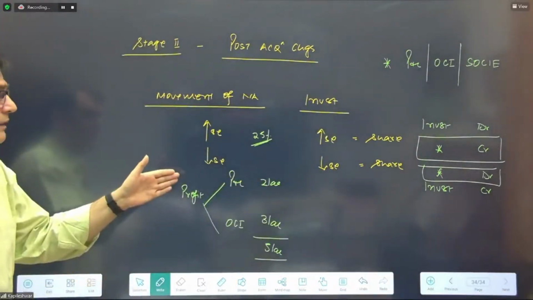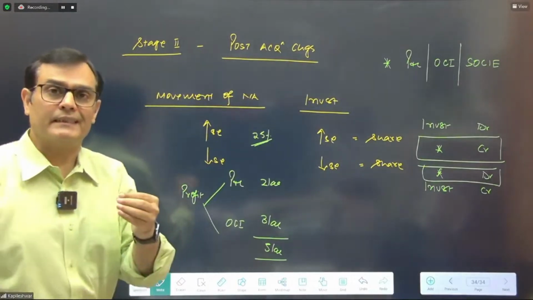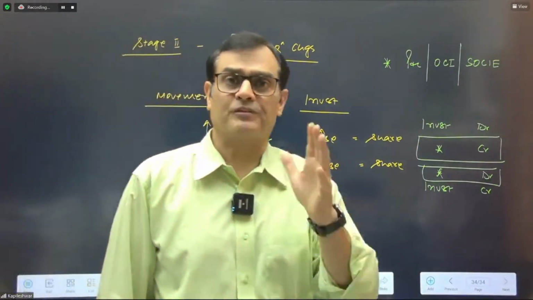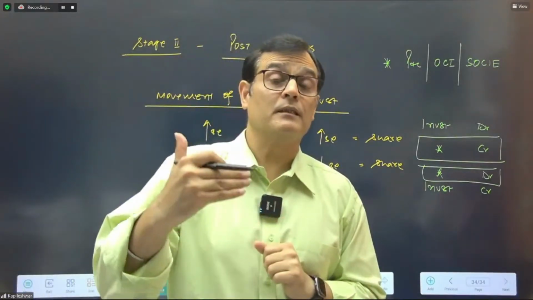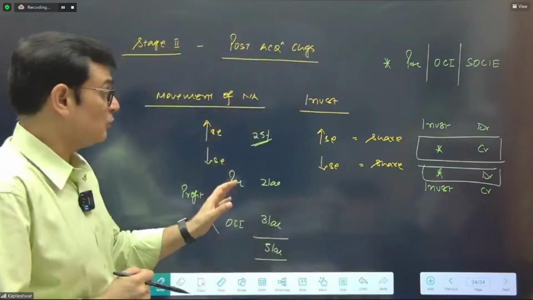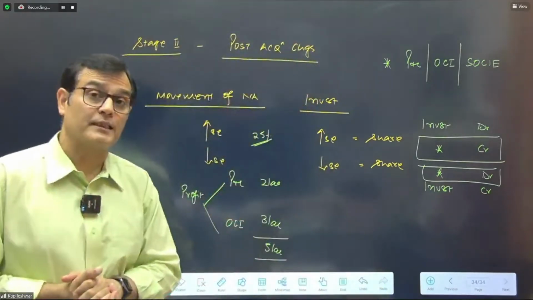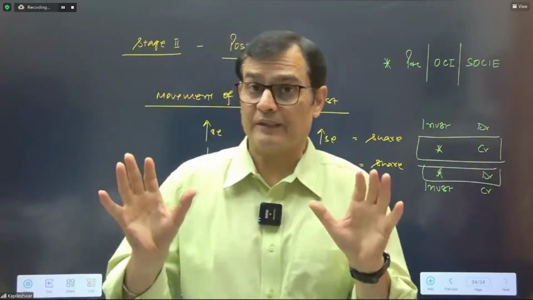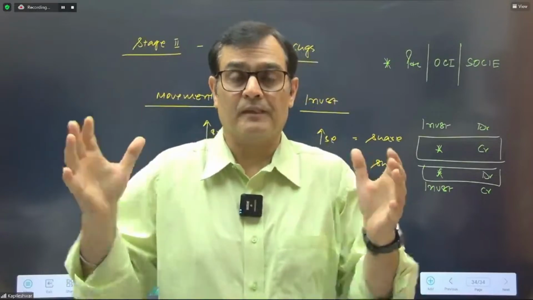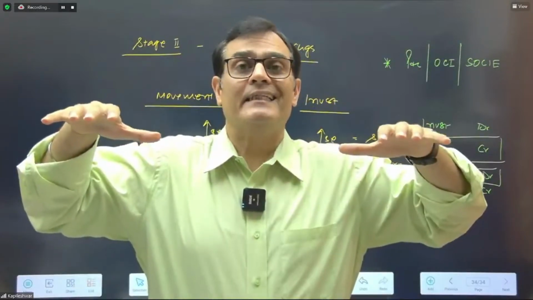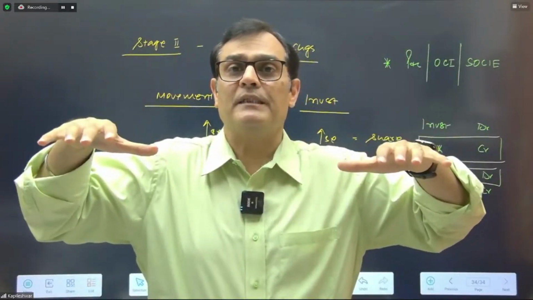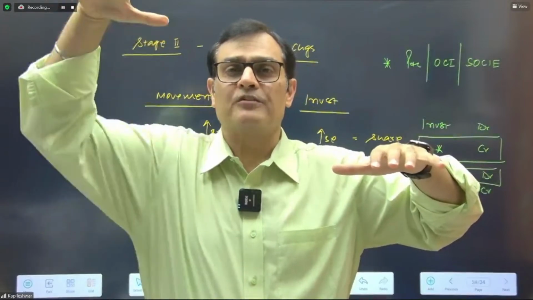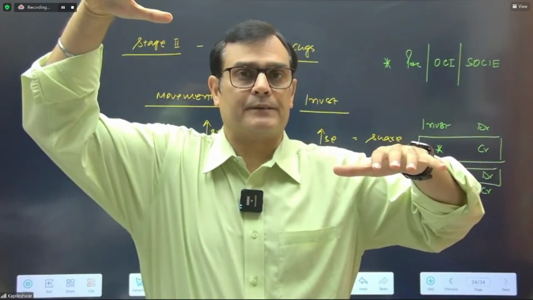So in the post-acquisition period, the associate company earned a profit of 2 lakh in profit and loss and 3 lakh in OCI. Therefore, the profits of the company increase by 5. Now, watch this carefully. Can I say the net assets of the associate company, due to the earning of profits, go up by 5 lakh?